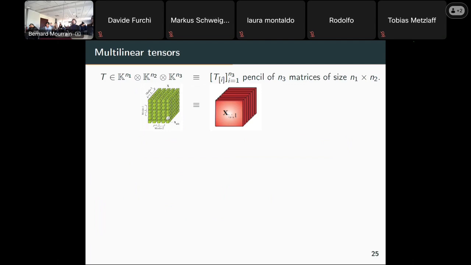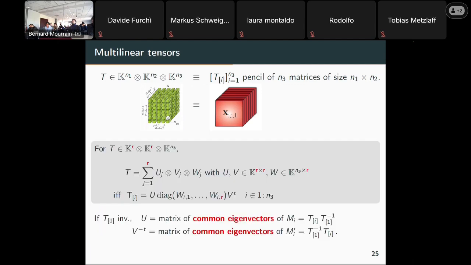We can see it slice by slice, and for each slice, you have a matrix. Special case: when R is the rank of this tensor, also the dimension of the slice here, then the factorization, the decomposition like that, implies this decomposition of each slice.